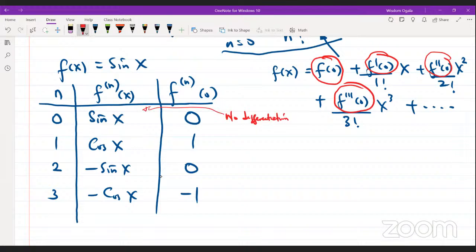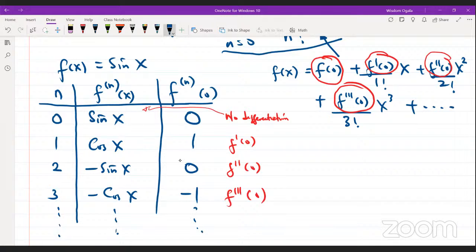Here is where you have f prime of 0, here is where you have f double prime of 0, and so on. The list is endless, so let me put dots to show that it does really extend.